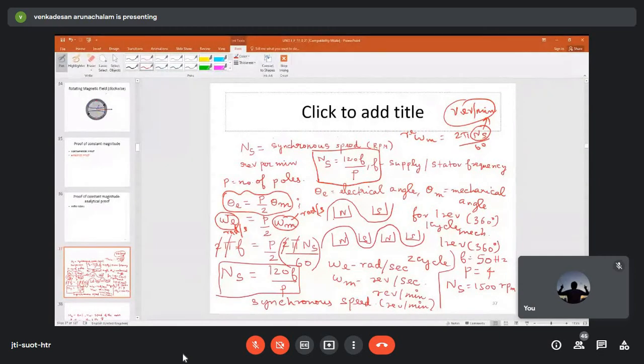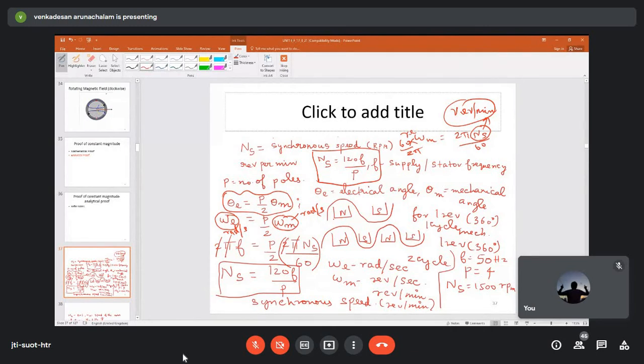So to relate the mechanical speed in radians per second to revolutions per minute, you multiply ns by 2 pi by 60 to get omega M, or multiply omega M by 60 by 2 pi to get ns.